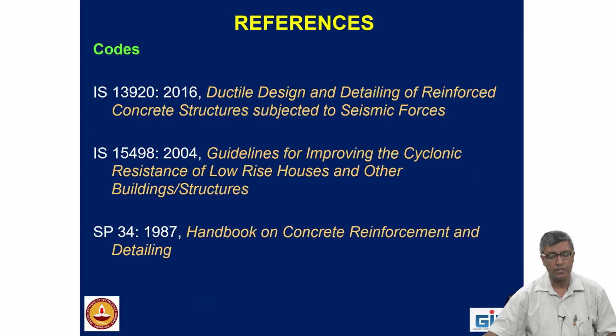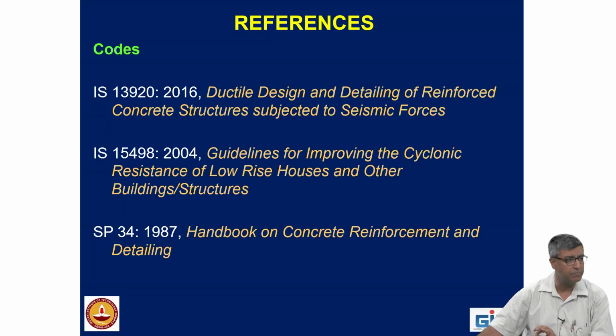IS 13920 is for the detailing, which I'm not going to touch today. IS 15498 is a special purpose code for improving the cyclonic resistance. We do have some detailing requirements as per SP34, but please note, the earthquake detailing in SP34 is very minimal.